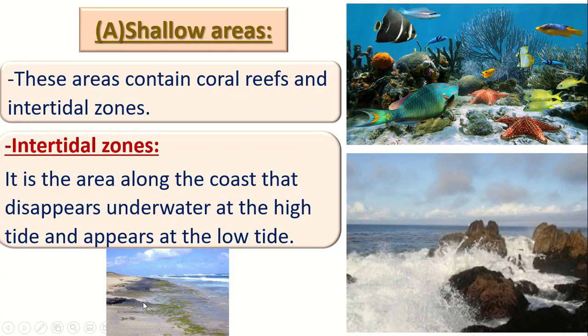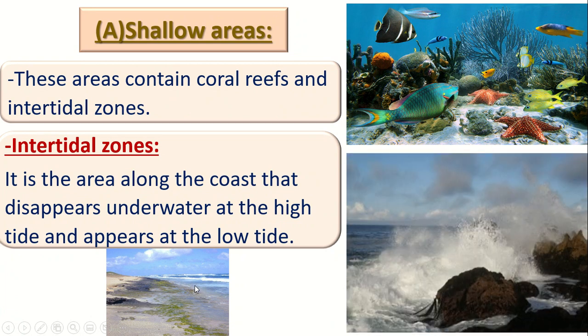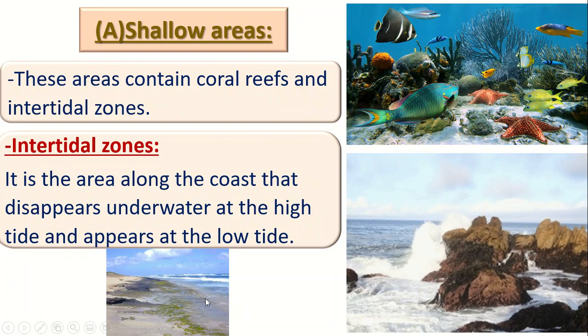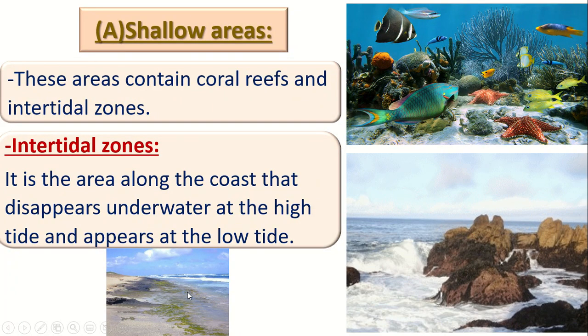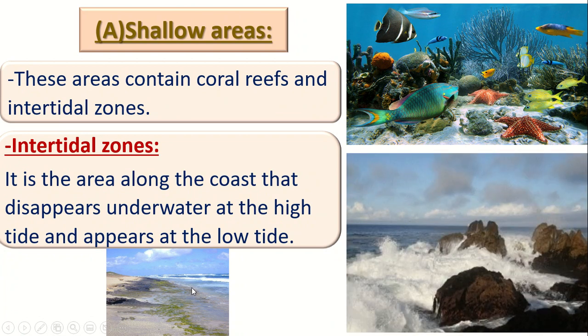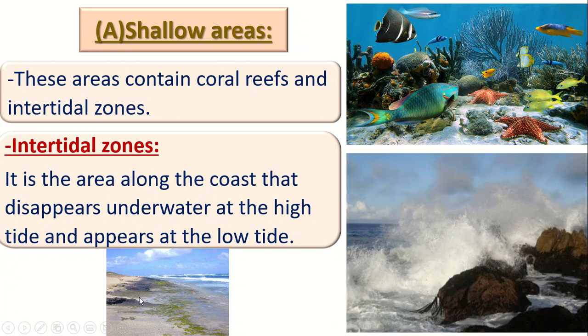And after a few hours, what will happen? The water returns back from here to this point. What happened to this area again? It appears again by the low tide. When the water returns back to here, this is low tide. When the water moves from here to here, this is high tide.